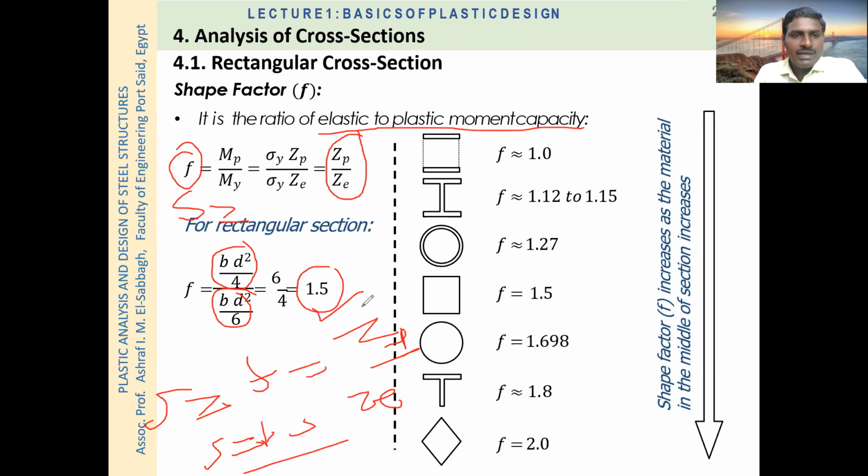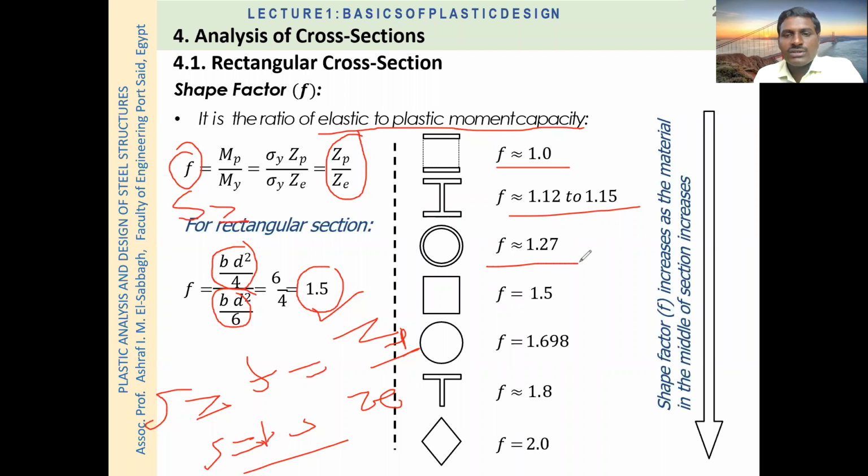So now, here we have taken the example of the rectangular section and we have calculated the shape factor. Similarly, we can calculate the shape factor for I section and other sections. These are the standard values. Shape factor for I section is 1.12 to 1.15.